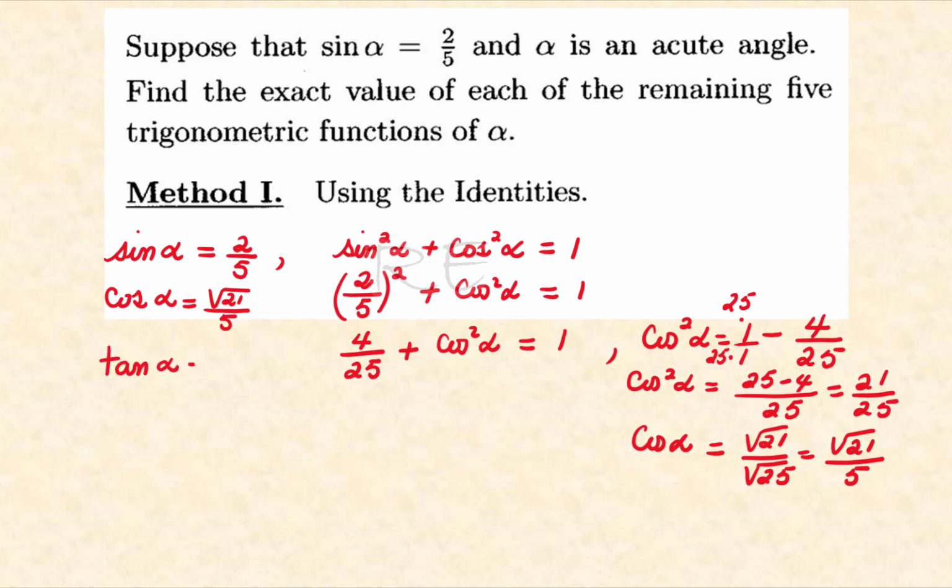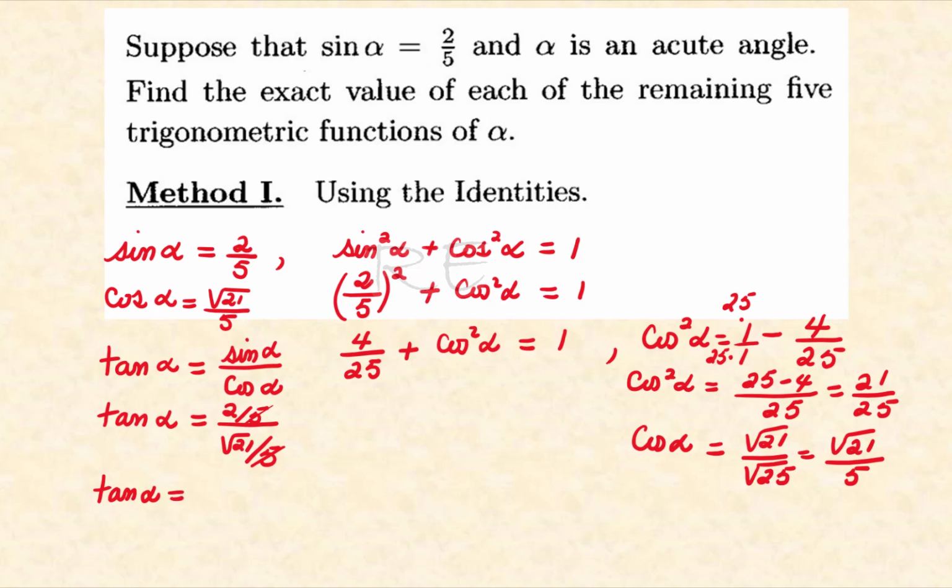Tangent alpha is equal to sine alpha over cosine alpha. So tangent alpha is equal to 2/5 over square root of 21 over 5. When we multiply by the reciprocal, we cancel the 5.